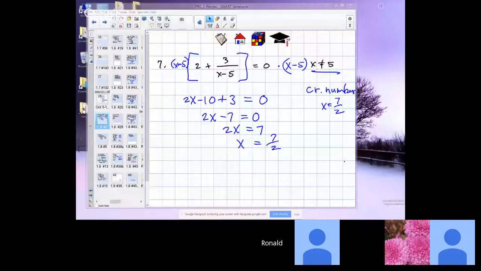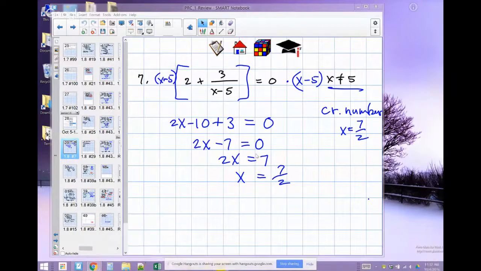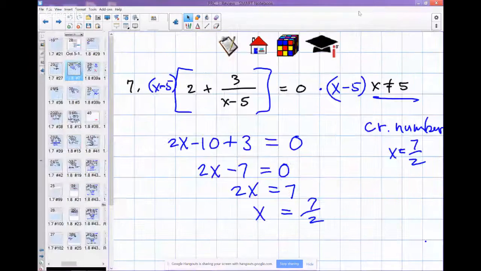Let's get this sharing going, and then I'm going to expand my screen a little bit so we can see more. All right, now let's go to number 29. I do have it.